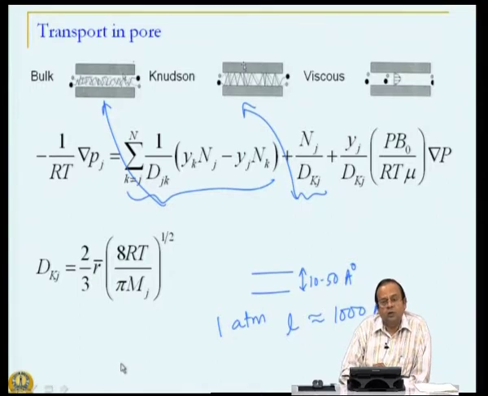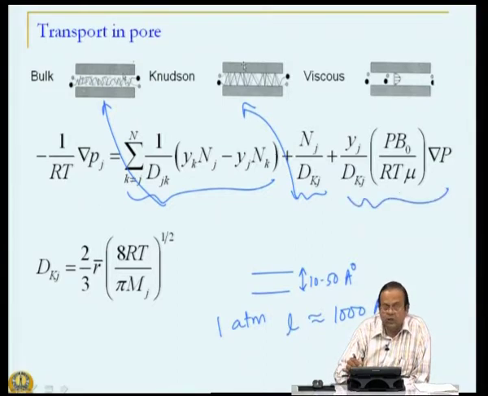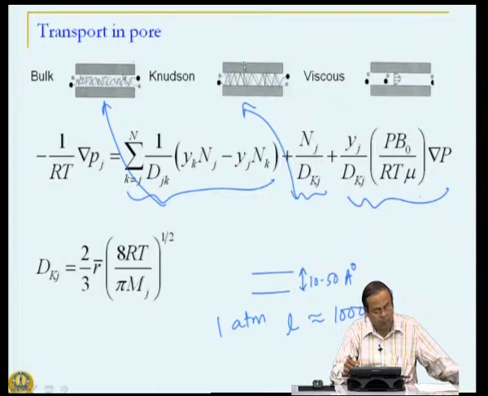The third phenomenon by which material can flow, particularly when we are looking at pores as capillaries, is that from inlet to outlet there will be significant pressure drop, and this pressure drop will drive the flow of material through the pore. This is referred to as viscous flow, and using Darcy's law, this can be represented as the pressure driven force through the catalyst pellet.